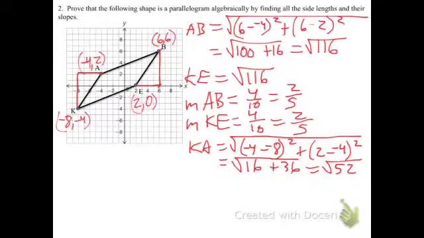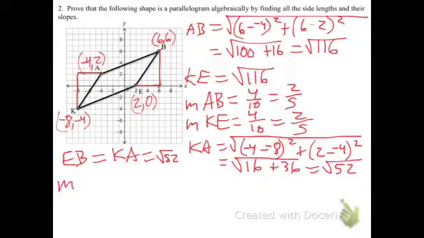And the change in the x for both is 1, 2, 3, 4, and that's where the 16 comes from, 4 squared. And so EB is actually the same as KA because the change in x and y is the same for both. And so those are both equal to square root of 52.